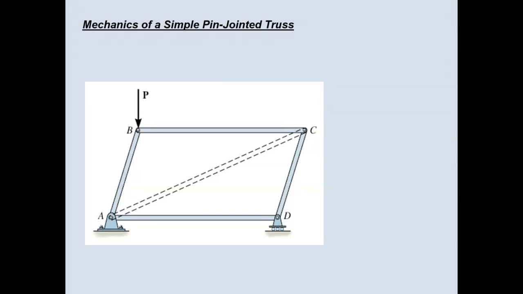All right, so here is a simple pin joint truss. If I don't include the dotted line member, my structure would be unstable. If that member didn't exist, by applying this force, the parallelogram would start to skew.